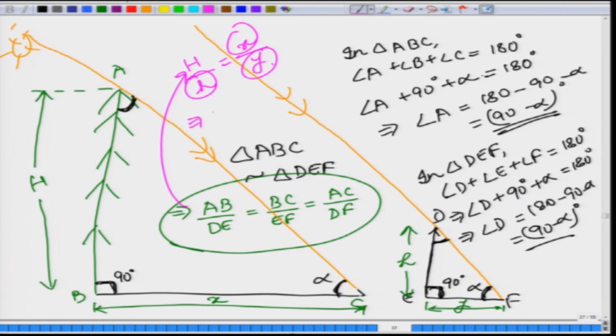So, in that case capital H is equal to x divided by y into small h. So, in this way we can find out the value of capital H, which is the height of the tree, just by making use of similar triangles. So, in short, the method is that you have your tree, and at some point in the day the sun is casting a shadow of this tree.